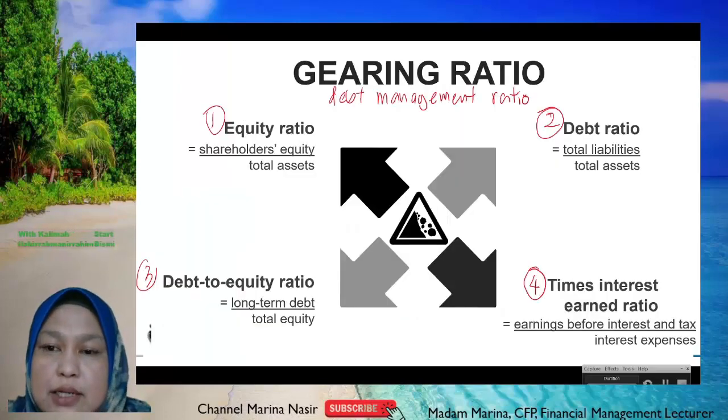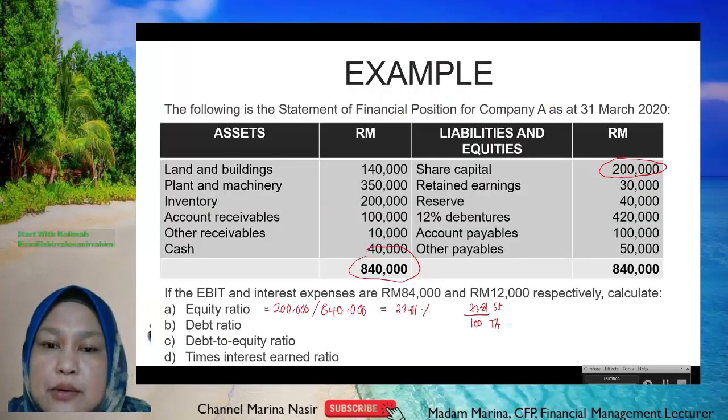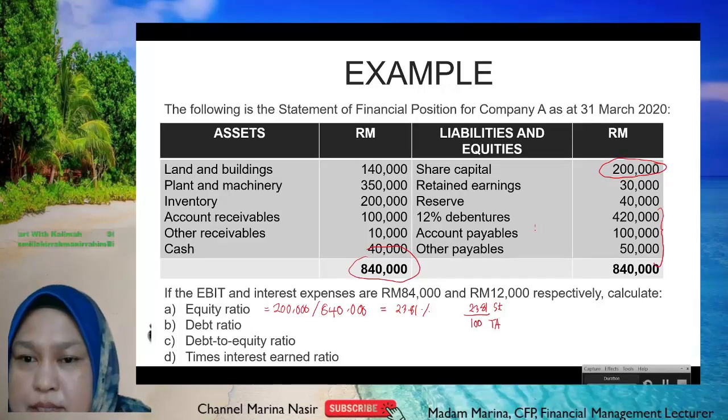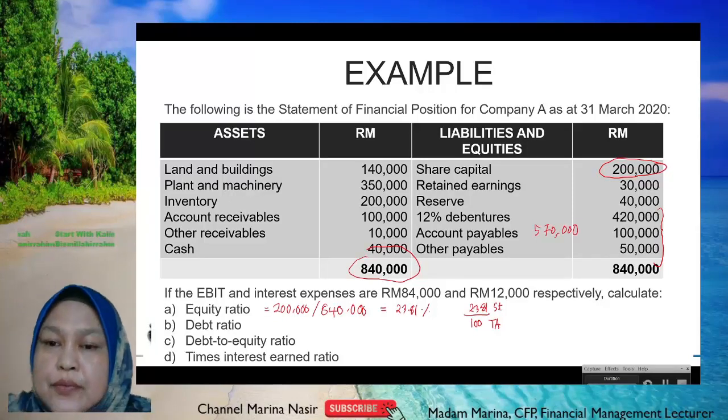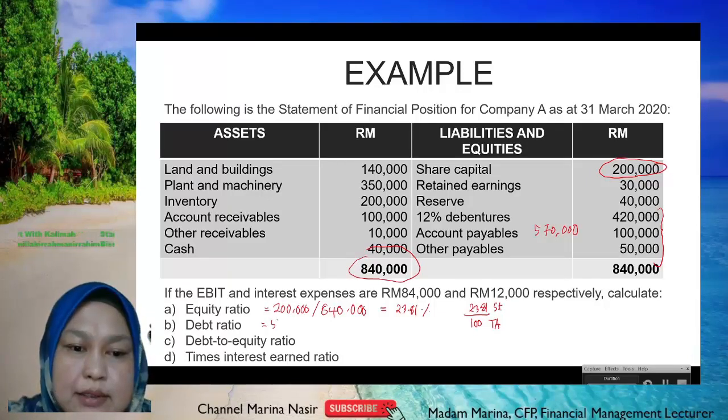The next ratio is debt ratio. How to calculate debt ratio? Total liabilities divided by total asset. This is our total liability: the debenture, accounts payable and other payable. Our total liability is actually 570,000. So 570,000 divided by total asset 840,000.